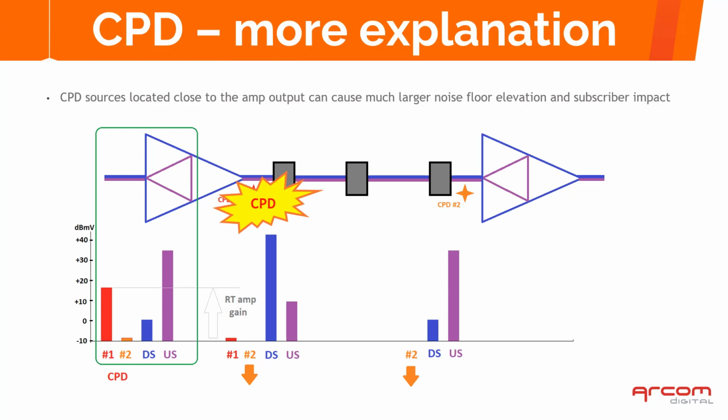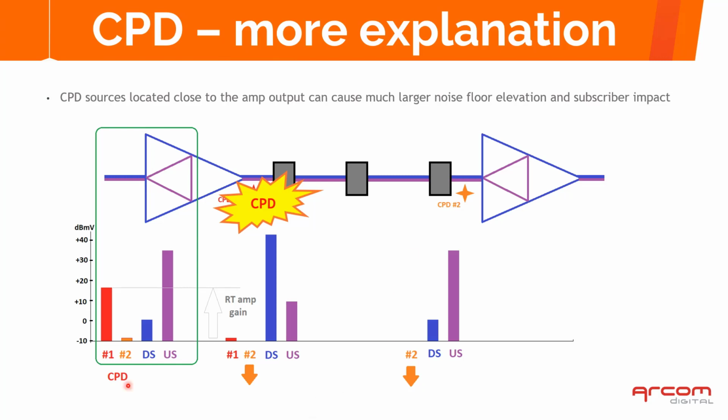It's very simple. The CPD source that is located close to the amplifier will be exposed to much higher signal levels than in other parts of this network stretch between two amps, because going further away from this amp, the forward amplitude drop can be even 30 dBs or more.